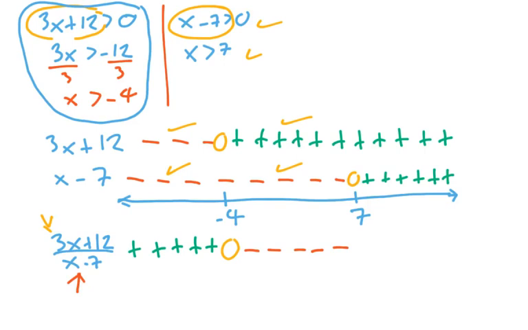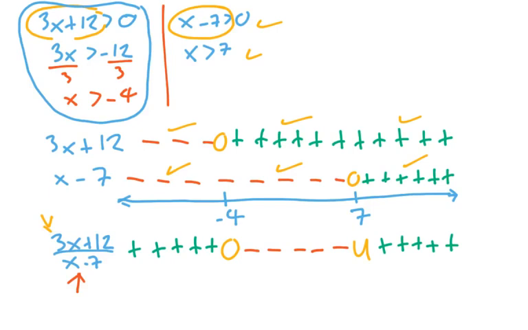That will be undefined. I'll just put a U here. I used to draw a little skull and crossbones for that, but I'm not good enough with the Apple pencil to do that, so we'll just put a U. To the right of 7, we have a positive number divided by a positive number. Positive divided by positive is positive.